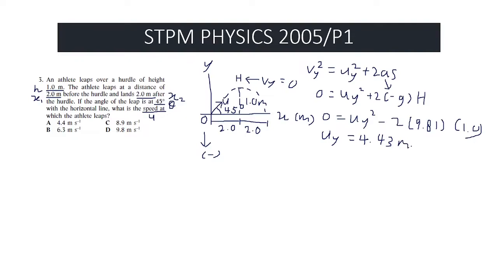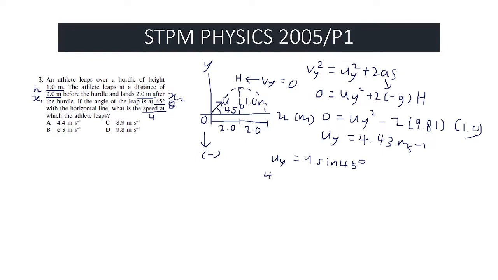So we solve for uy, which equals 4.43 meters per second. But this is not the answer yet. We want to find out u, and what we have is just uy. So uy is related to u by this formula, uy equals u sin 45.